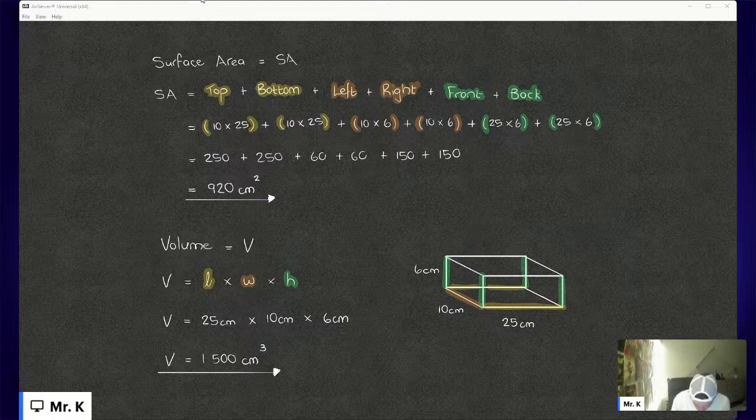The 4 longest edges are all going to measure 25, and the 4 shorter edges of our shape are all going to be 10 centimeters. So make sure that you are comfortable with identifying the width, the height, and the length of a specific 3D shape using any of the lines, not just the values that you were given.